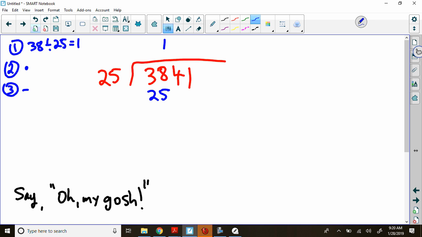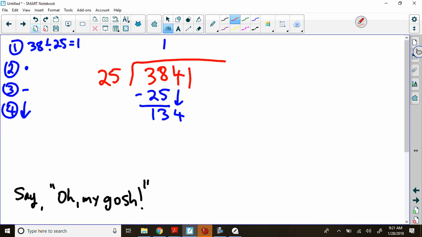In this case, we're subtracting 25 from 38, and that's, I think that's 13, if I'm not mistaken. And step 4 is to bring down. We bring down that 4. That's the division algorithm. Divide, multiply, subtract, bring down, and repeat, and repeat, and repeat.